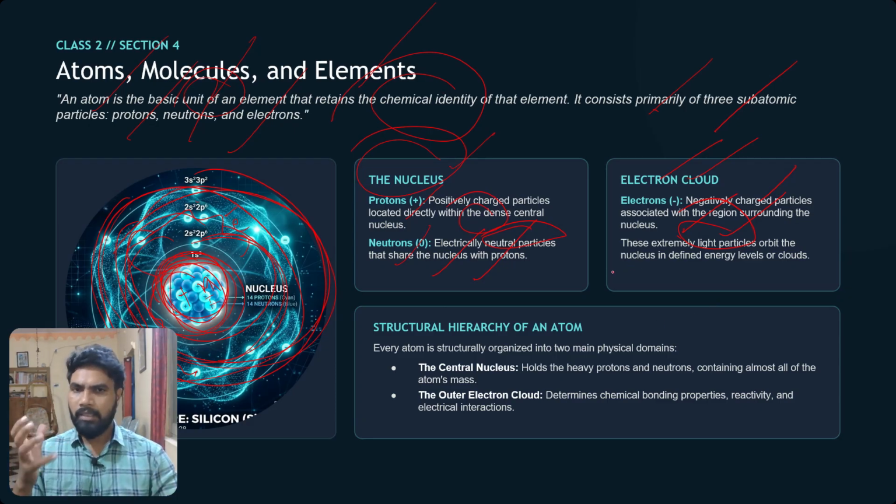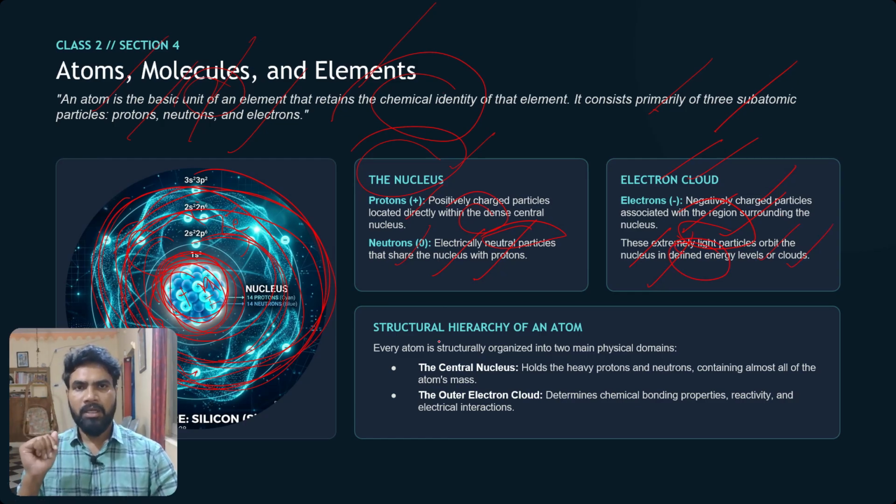They orbit the nucleus, meaning they will be roaming around the nucleus, just like the earth and other planets circle the sun, electrons circle the nucleus. And remember, they orbit the nucleus in defined energy levels or clouds.